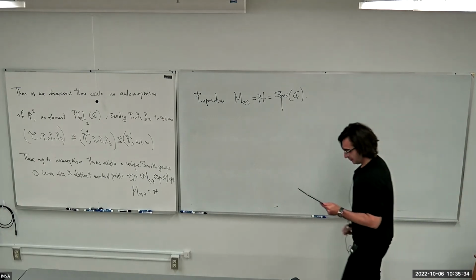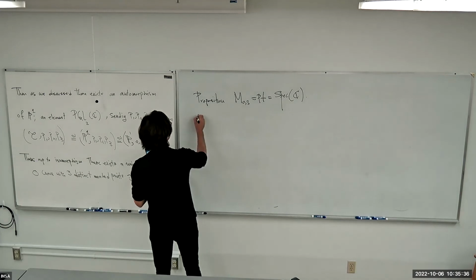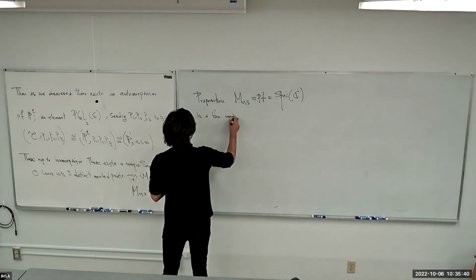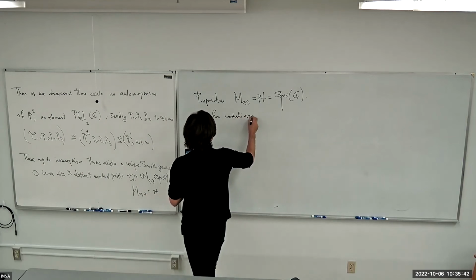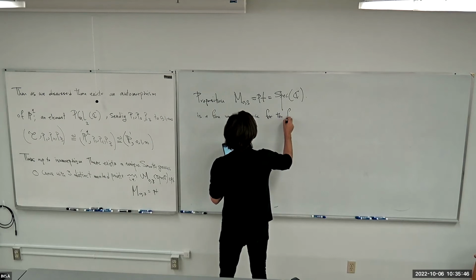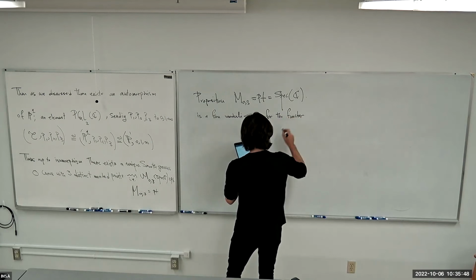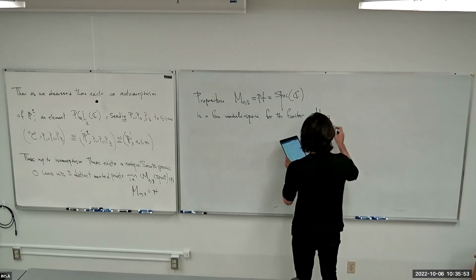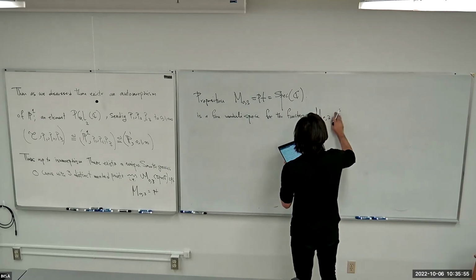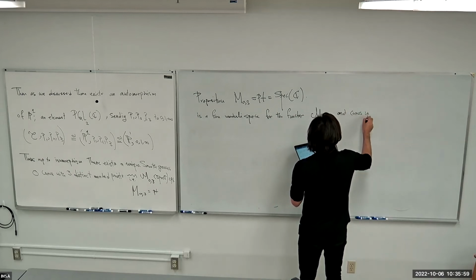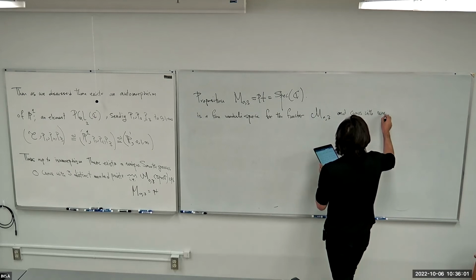Okay. All right. So this is a fine moduli space for the functor M03, and it comes with a universal family.